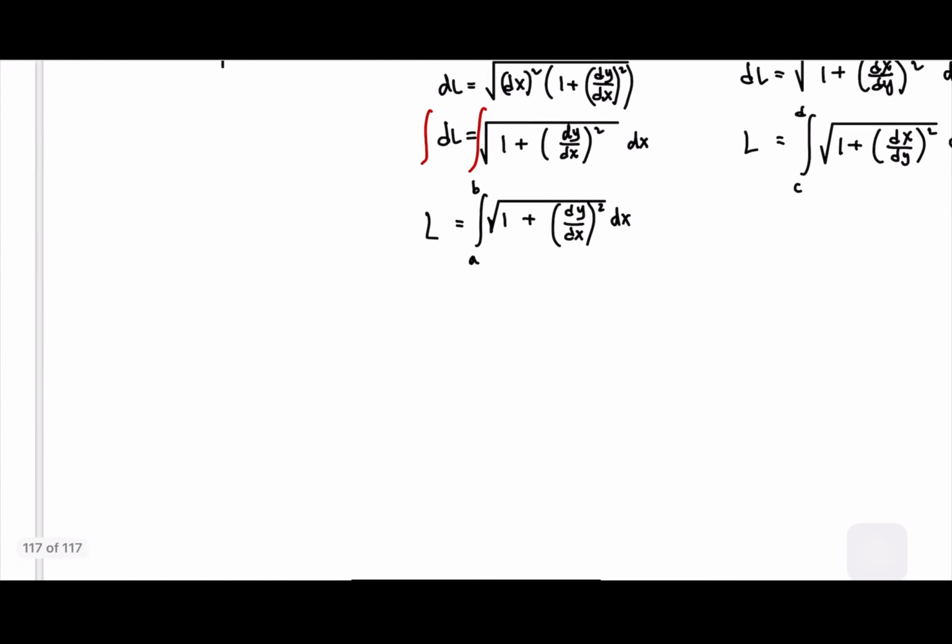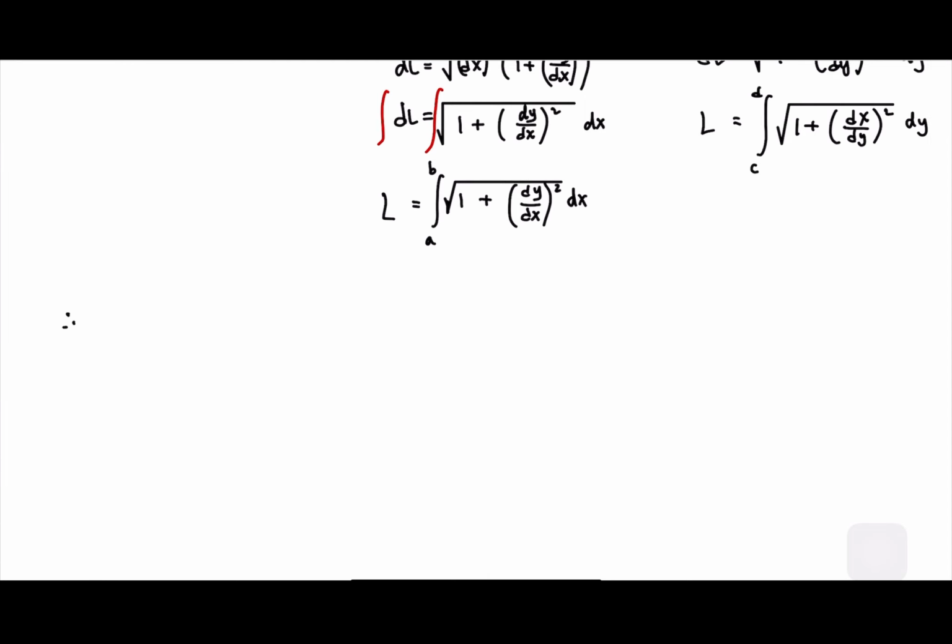In arc length, we also know that we can have arc length functions. Let me write first: this is arc length functions. It's similar looking to the fundamental theorem of calculus.